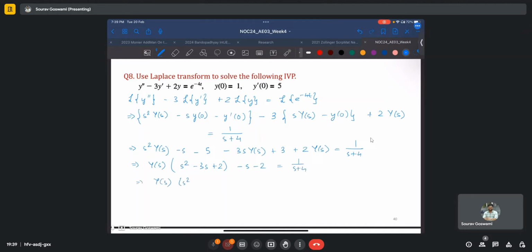So Y of s times s square minus 3s plus 2 equals 1 by s plus 4 plus s plus 2, which is equal to 1 plus s plus 4 times s plus 2, that is s square plus 4s plus 2s plus 8, or Y of s is equal to s square plus 6s plus 9 by s plus 4 into s square minus 3s plus 2.